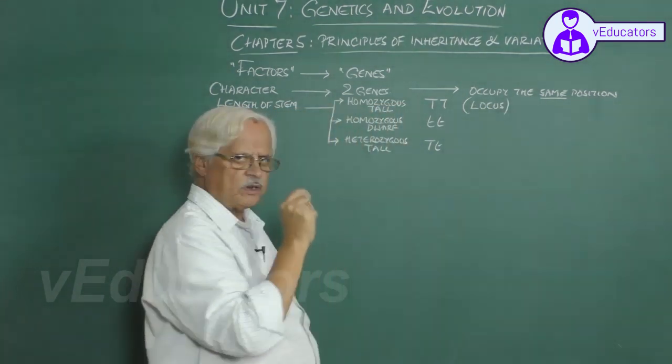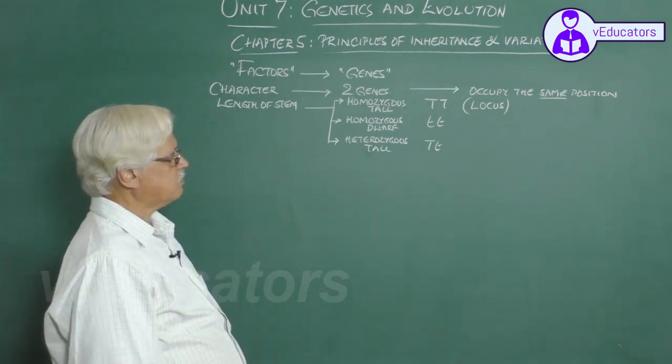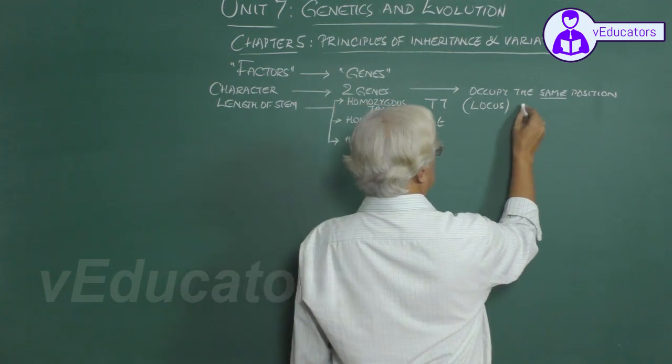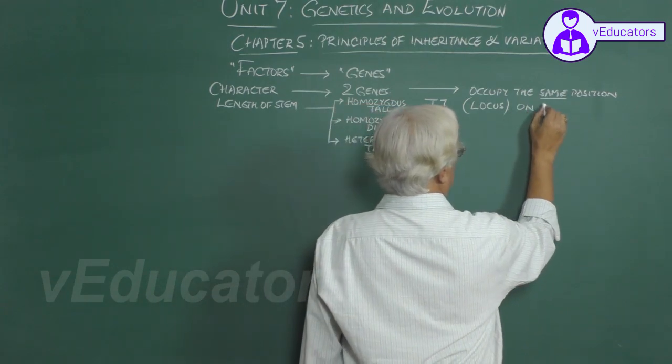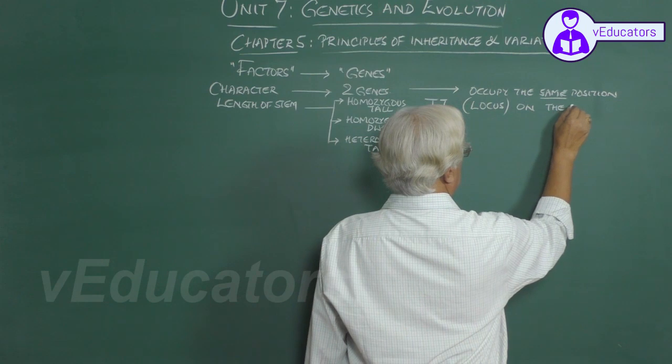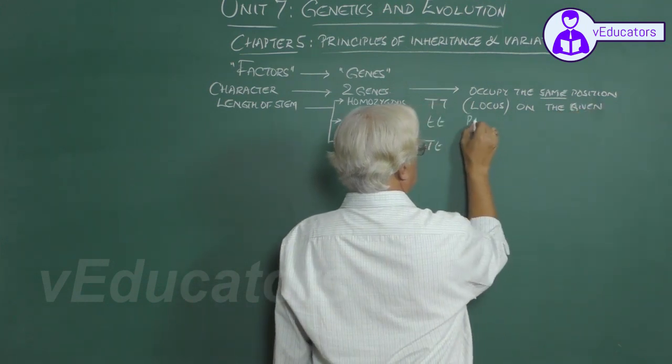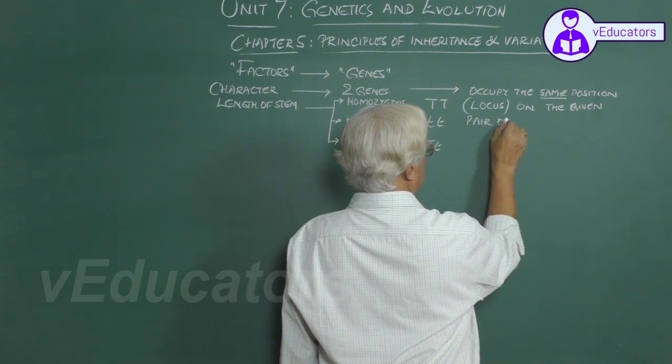The position of a particular gene on a chromosome is called locus. So they occupy the same position on the given pair of homologous chromosomes.